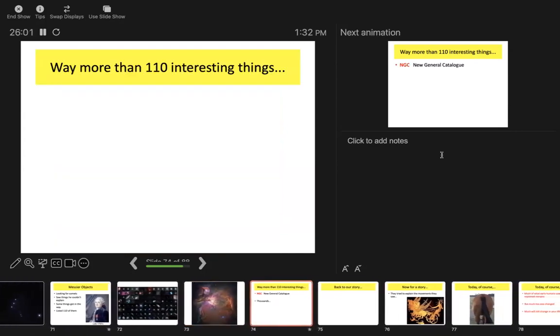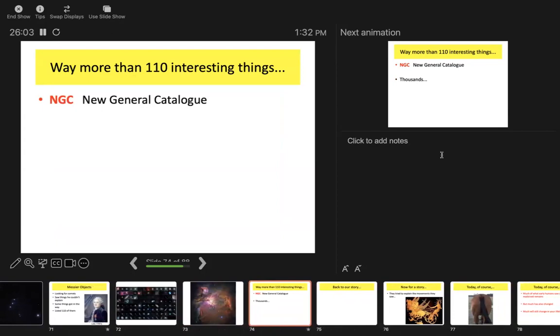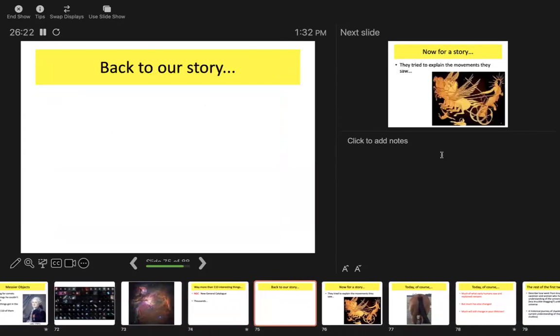But there's way more than 110 interesting things in the sky. So nowadays we use what's called the NGC number. So as you're flipping through the book and it says M61 or NGC and a number attached to it, just realizing that's what it is. NGC stands for New General Catalog. There are thousands upon thousands upon thousands of these things. All right, back to our story.